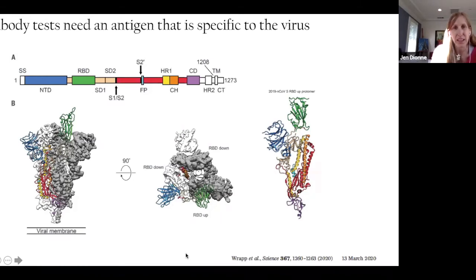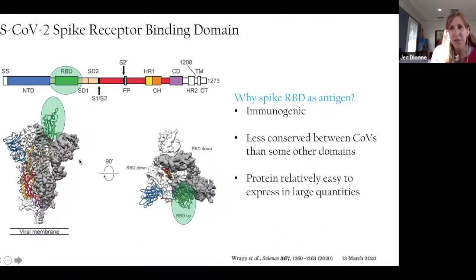So the antigen that he's working with is the end of the spike protein. It's the RBD, receptor binding domain of the spike protein, which here was imaged with cryo-EM.